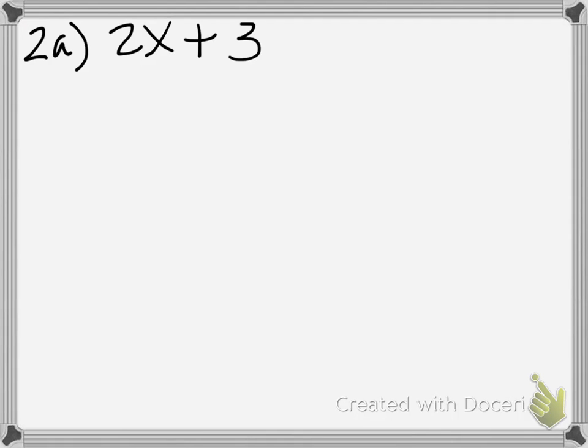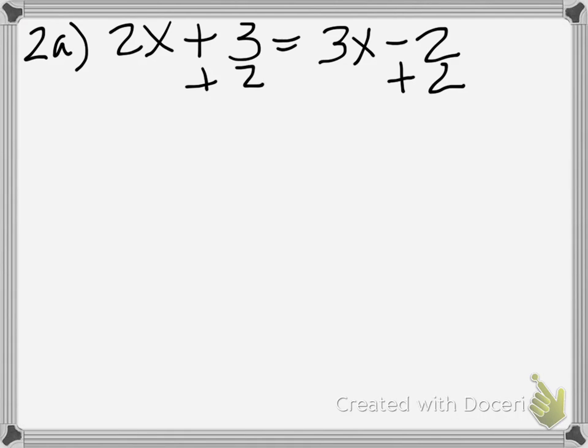2x plus 3 equals 3x minus 2. Just for fun, let's do the numbers first. Instead of subtracting 2, I'm going to add 2 to both sides.